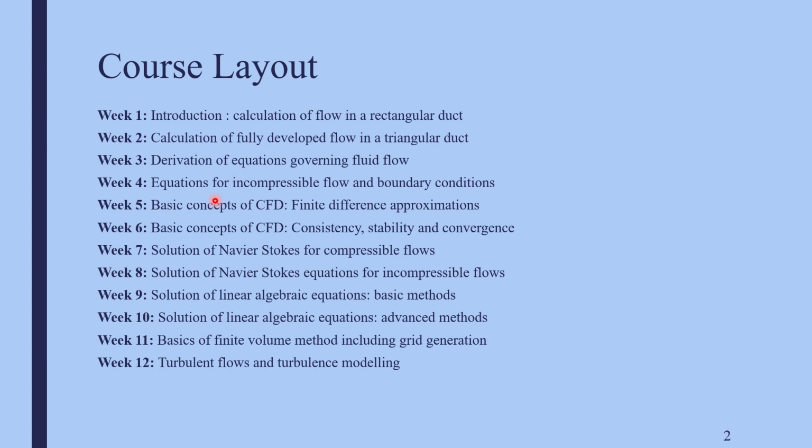In week 4 it is about the equations for incompressible flow and boundary conditions. What CFD does is discretize the domain of interest and solve the equations to get a solution for the same. In week 5 it is about basic concepts of CFD.